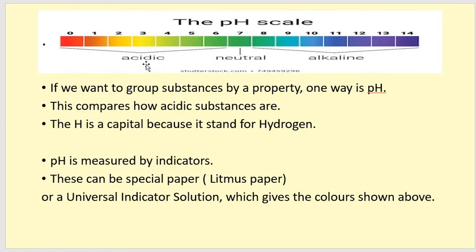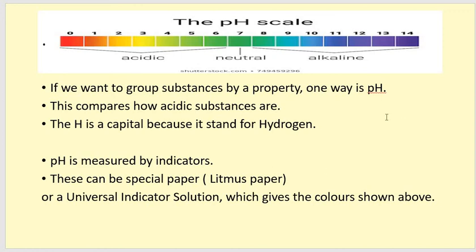So they're described as being acidic because that's an adjective to describe being an acid. If you are up the other end, they are described as alkaline, and in the middle, not one thing or the other, is neutral. When we measure these, it's a way of grouping substances by a property. The property is how acid or how alkali it is, and that is called pH.